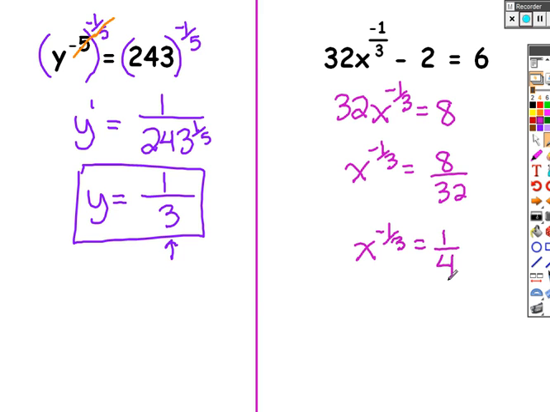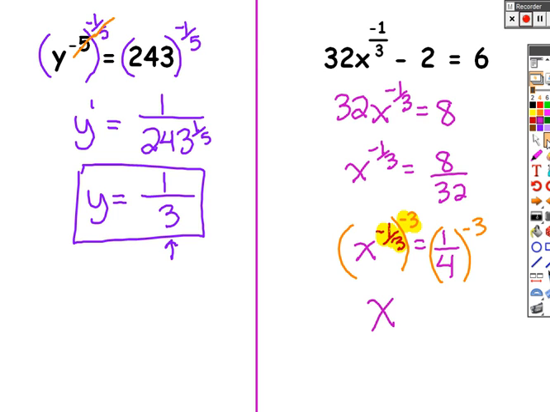Okay, so I want this to look like x to the 1st power. So if I raise this to the reciprocal, or the -3 over 1 power, I'm going to raise each side to the -3rd power. Well, now x would be raised to the, well, -1/3 times -3 is +1.